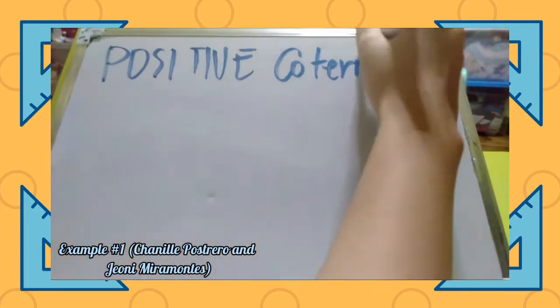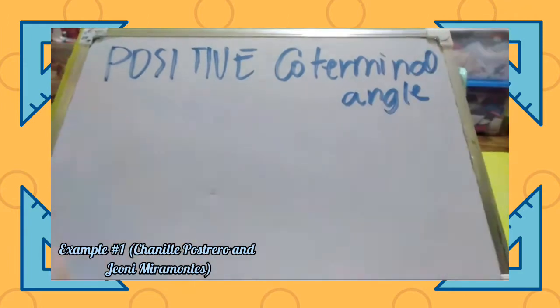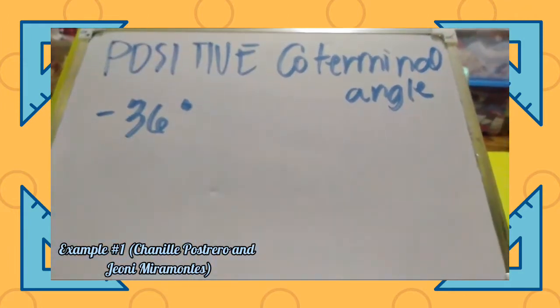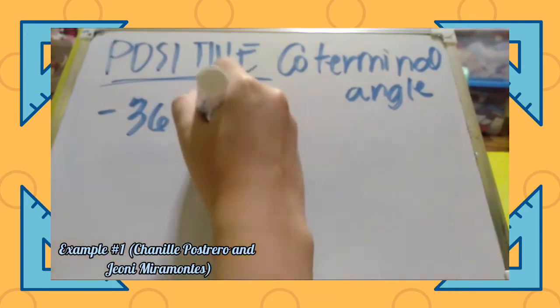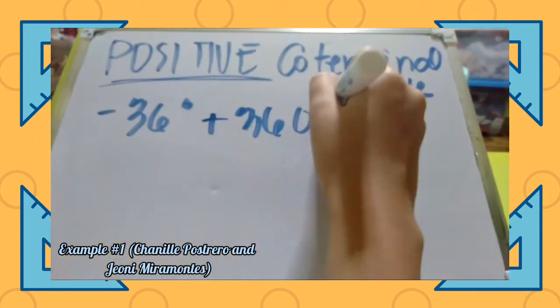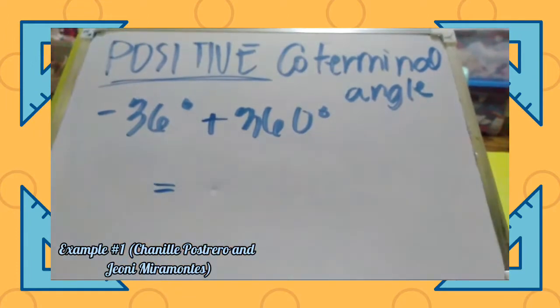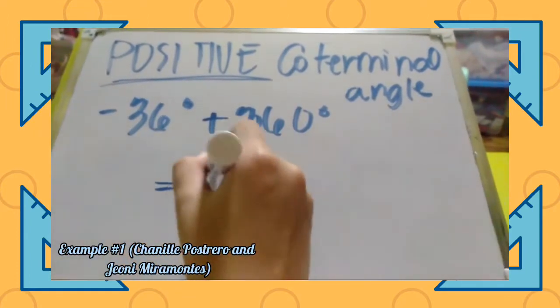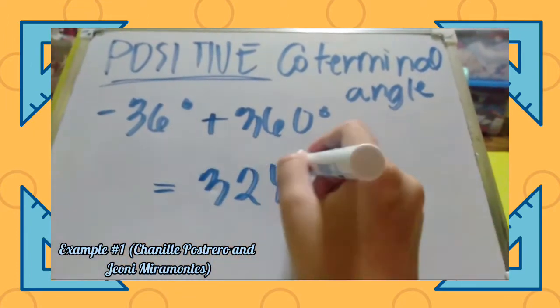The first problem we have today is finding the positive coterminal angle of negative 36 degrees. In order for us to solve this, we need to add 360 degrees to negative 36 degrees, and the answer will be 324 degrees.